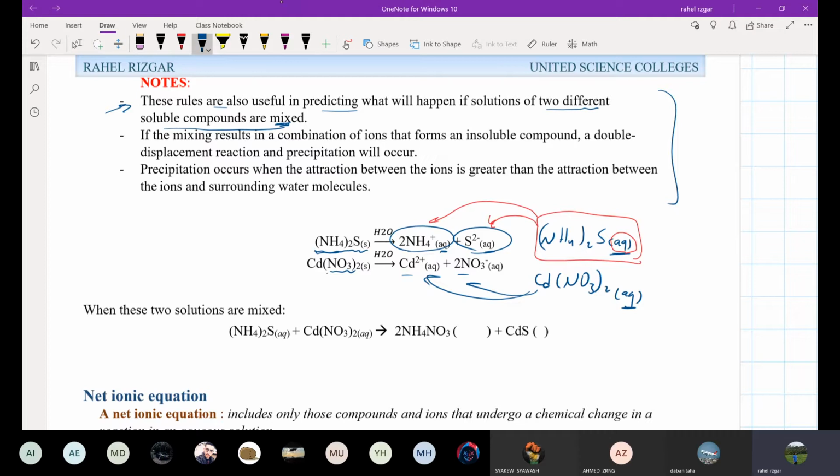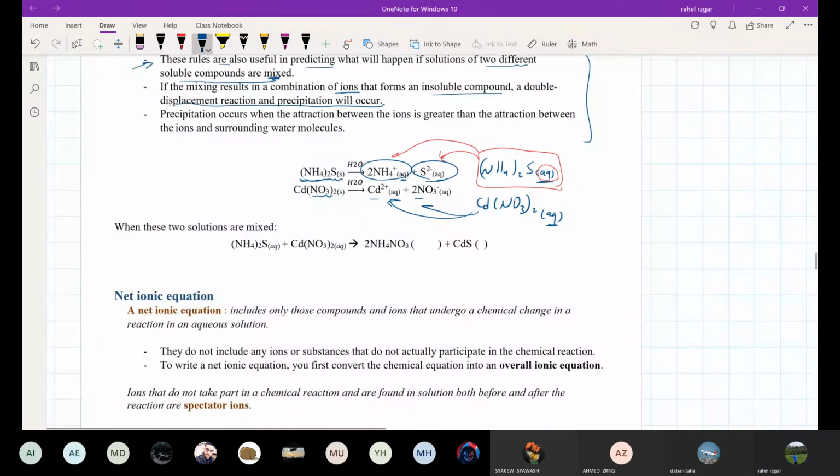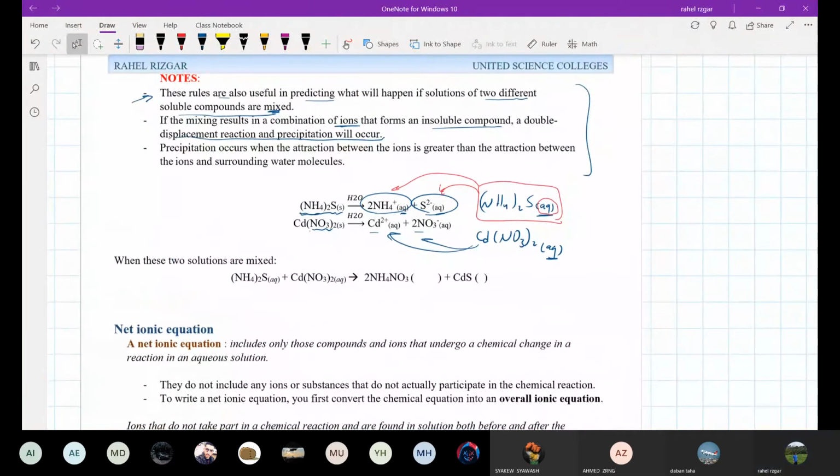If the mixing results in a combination of ions that forms an insoluble compound, a double displacement reaction and precipitation will occur. This reaction is called a double displacement reaction. What is a double displacement reaction?